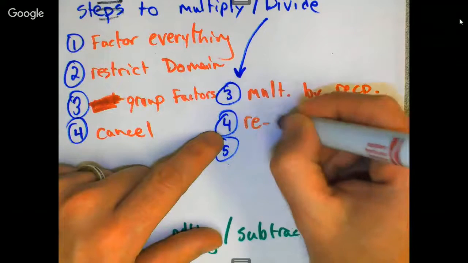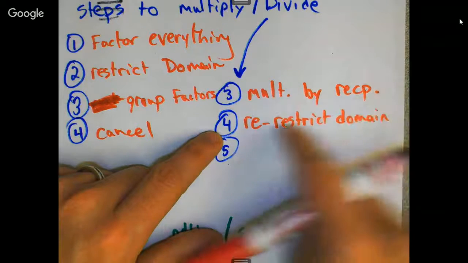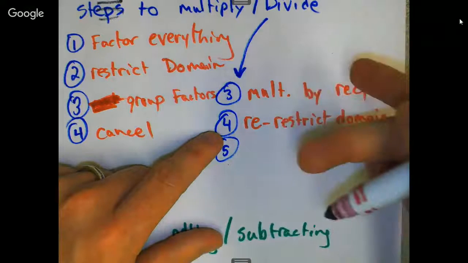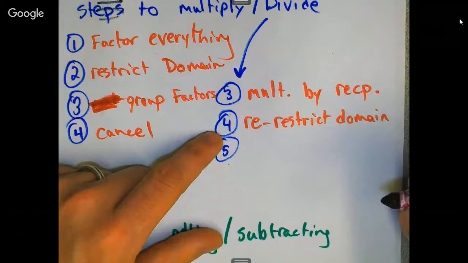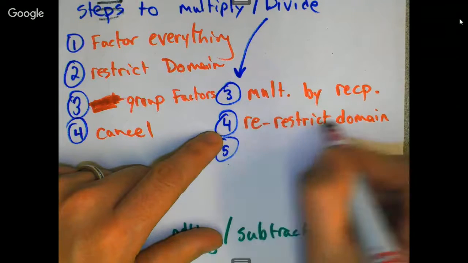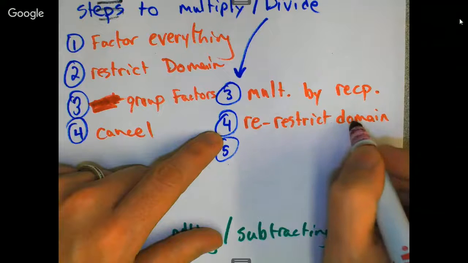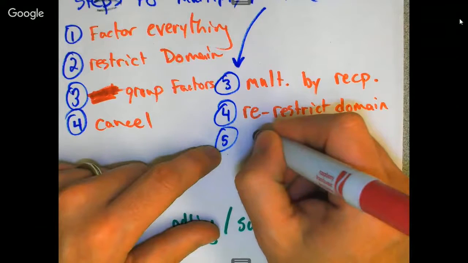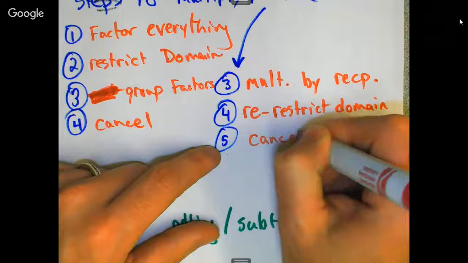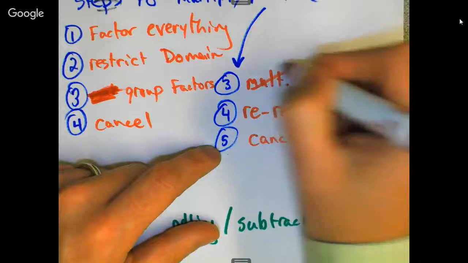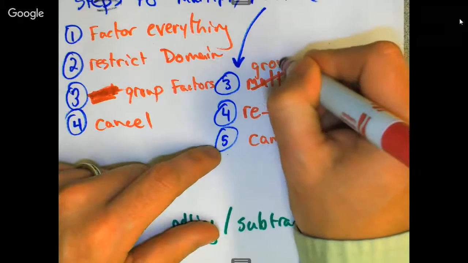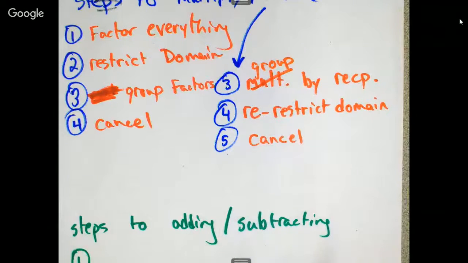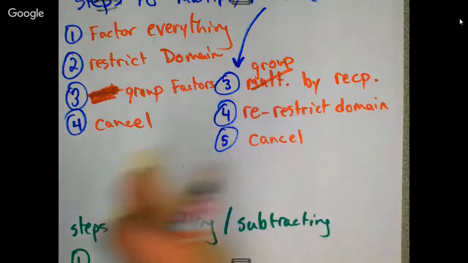Domain: because we're flipping that second fraction over, we may have some new x values to add to the do not use list. So cancel. So you'll multiply by the reciprocal, or just group them together.